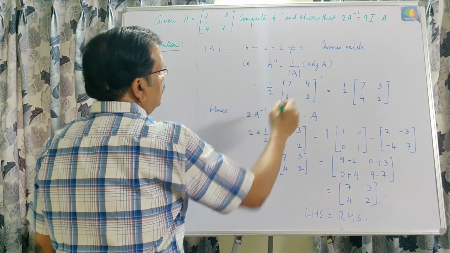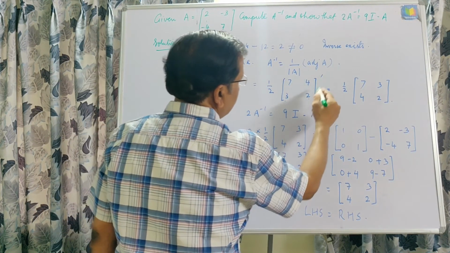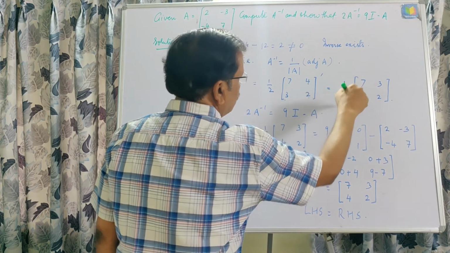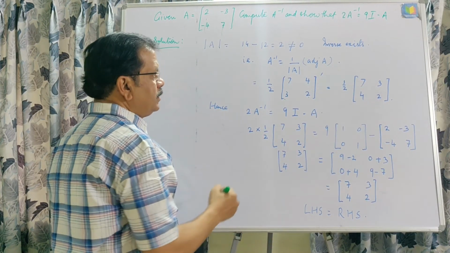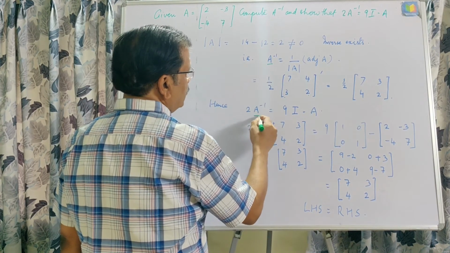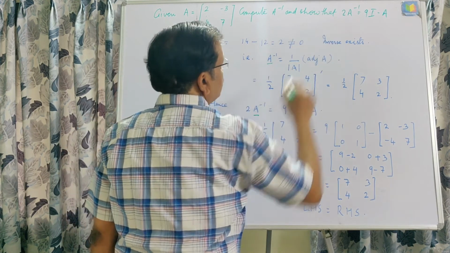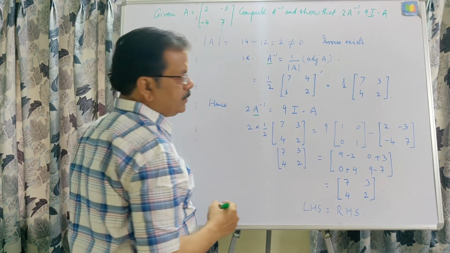After writing the adjoint in transpose form, rows and columns interchanged, we are getting this value.